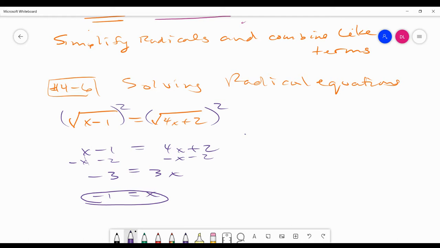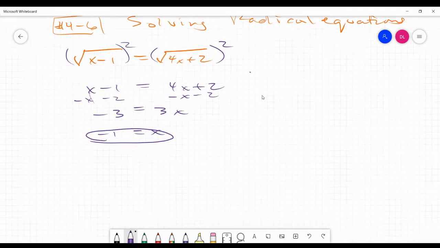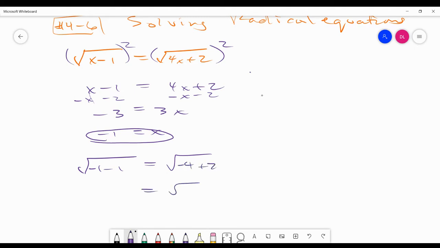Which doesn't make any sense, because if I plug it back in, well, it actually does make imaginary sense. If I plug it back in, I get the square root of negative 2 equals the square root of negative 2. So even though I get a negative, this is equal. So that statement up here is true.